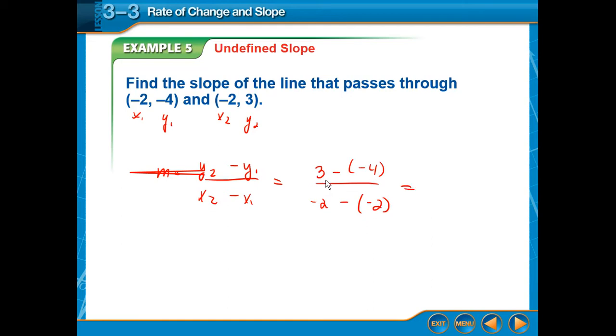So 3 minus a negative 4 is 3 plus 4, which is 7. Negative 2 minus a negative 2, that's negative 2 plus 2, which is 0. Remember, you can never, ever, ever divide by 0. So if you have 0 in the bottom of this fraction, that means it is undefined. Dividing by 0 is undefined, so it's an undefined slope. We can't do it, okay?